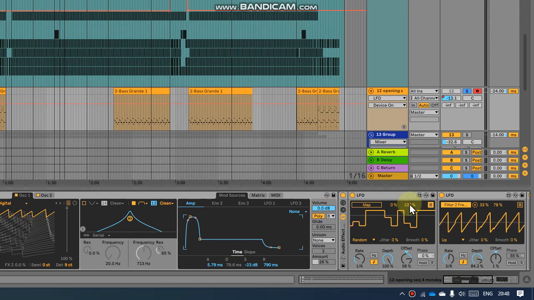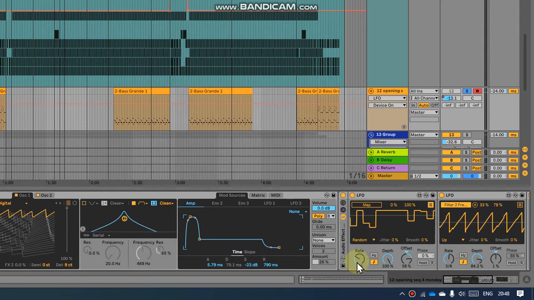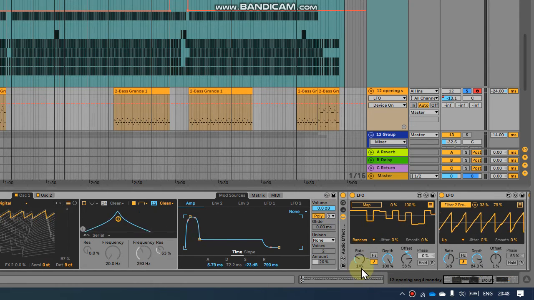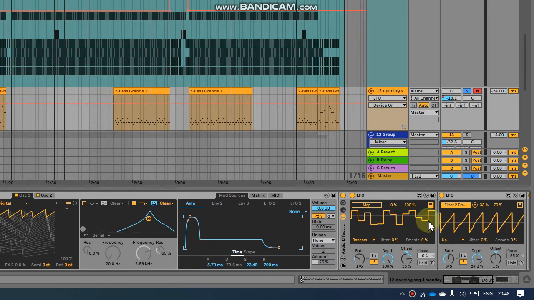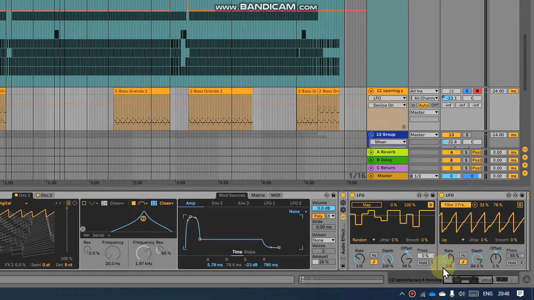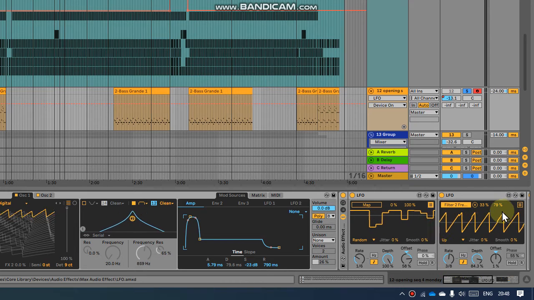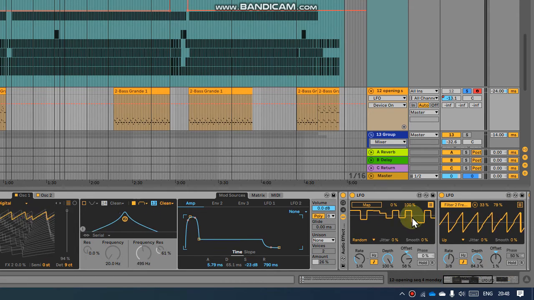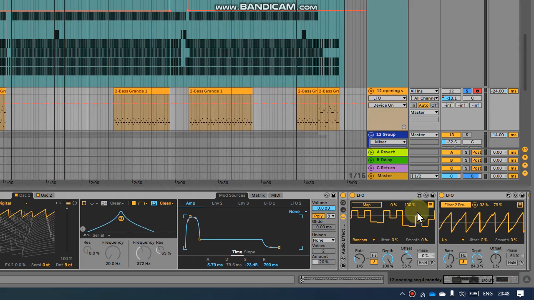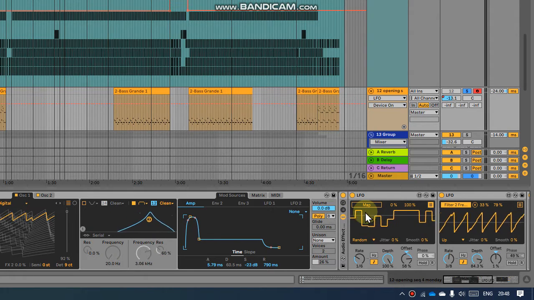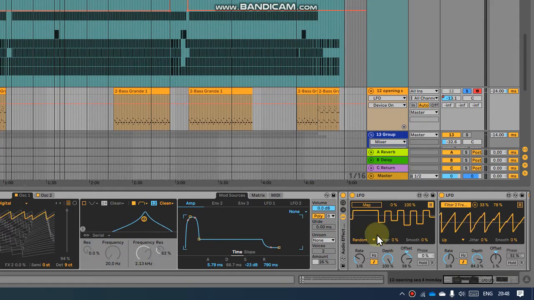This is quite brutal at a 1/6 time, which is a kind of triplety time. This is also at a 3/8 time, which is another triplety time. The phase of this is being modulated again by the first LFO. So we've got a lot of modulation going on.